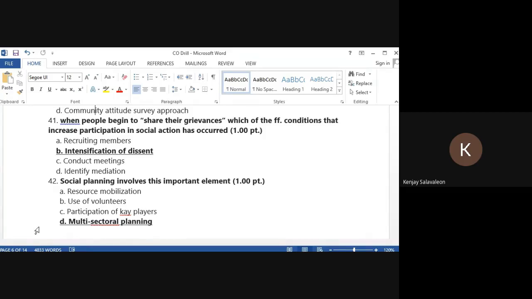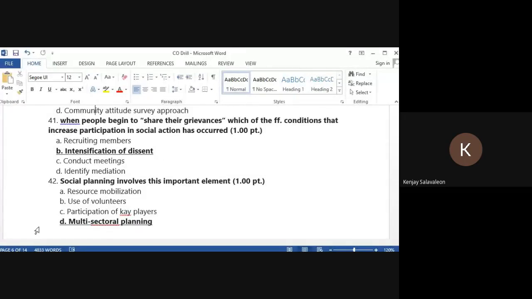Conducting meetings so you have a logical approach to the social problem and a committee that will manage different specialized concerns. Identify mediation, a rallying point where we say enough is enough, then we proceed with the agreement. And intensification of dissent: they share the grievances. It is one of the indicators that the force has been intensified.